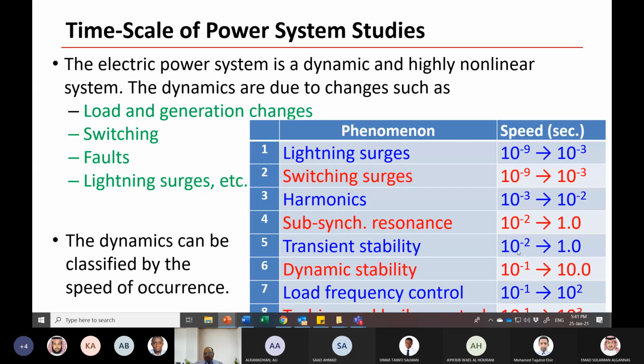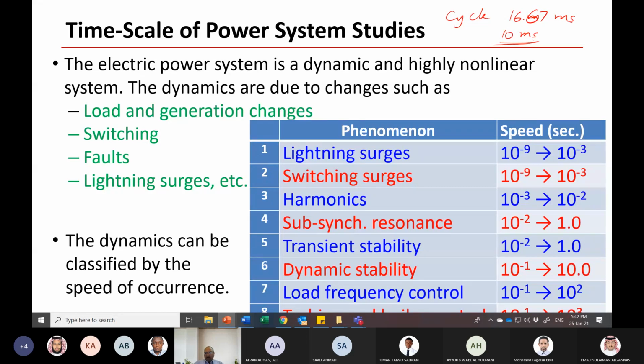10 milliseconds means about half a cycle after the disturbance. If the cycle is 16.67 milliseconds, we are interested in 10 milliseconds, maybe half a cycle or one cycle after the disturbance.